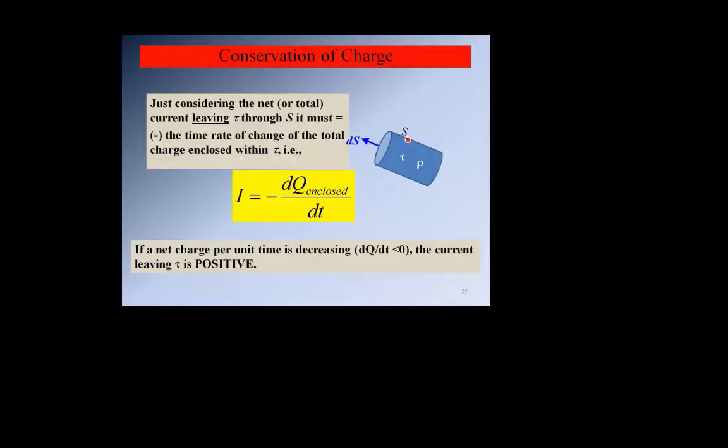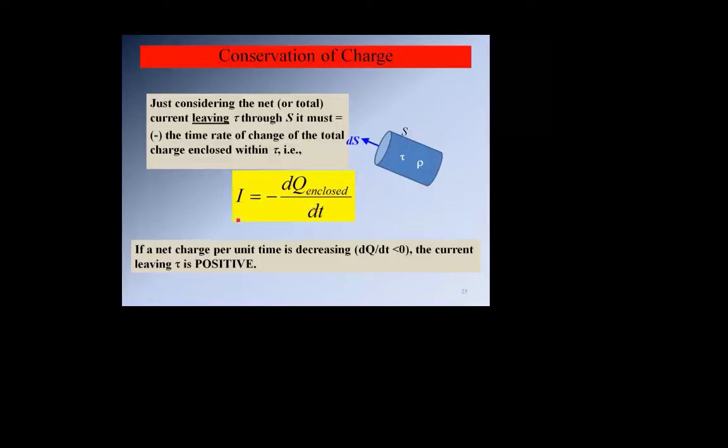So the example I gave of the electrons coming out means that the charge density inside must be changing. The current out will be equal to minus the change in the charge that's enclosed per unit time.